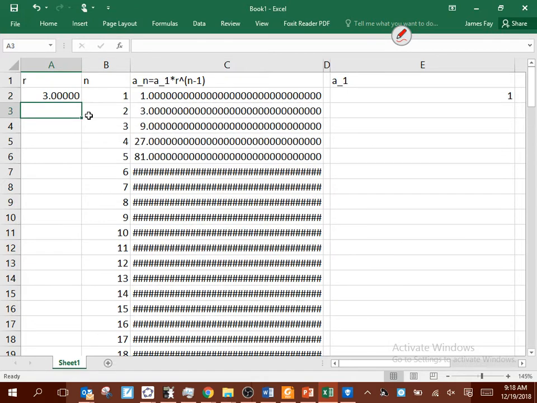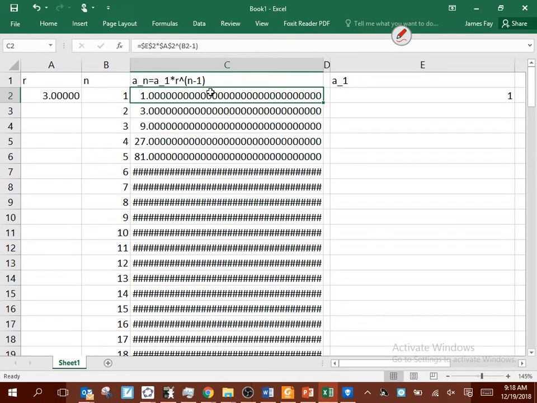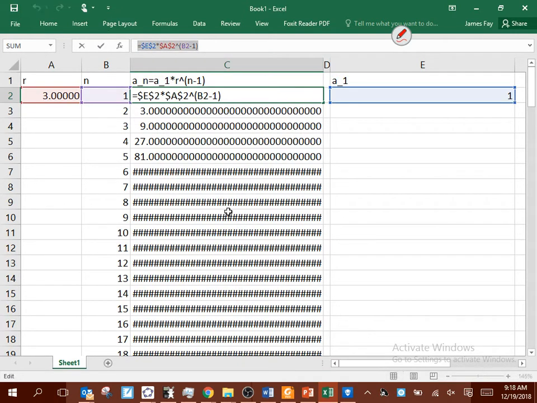My A sub 1 over here was 1. If I click on that, it shows you this rule up here. It says E2 with the dollar signs around E, which is just forcing Excel to always go back to what I have in that blue cell.